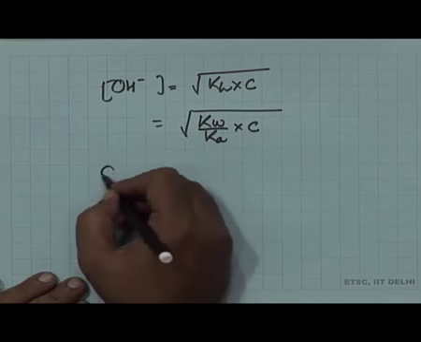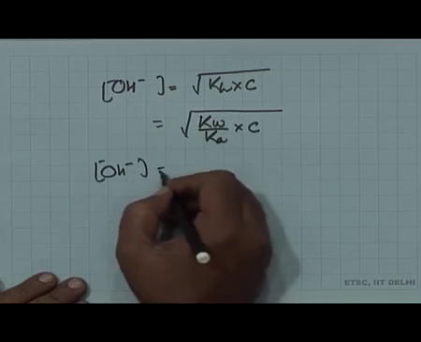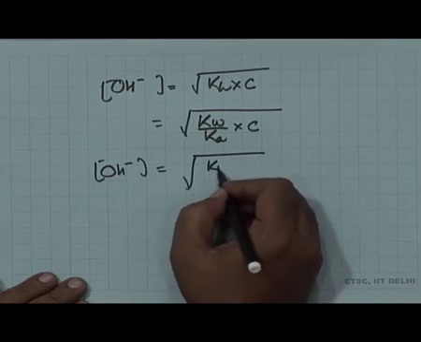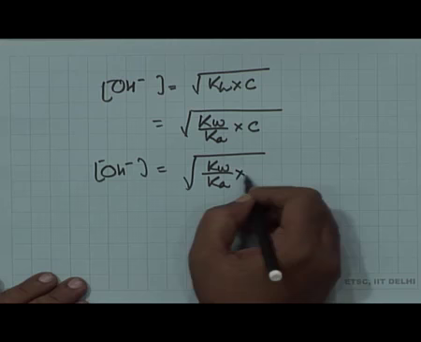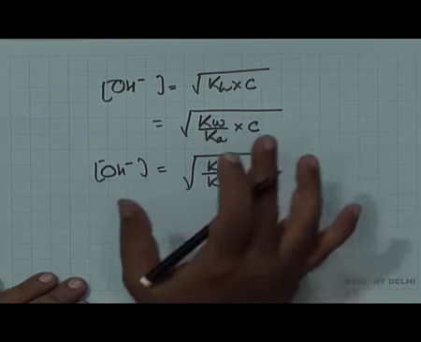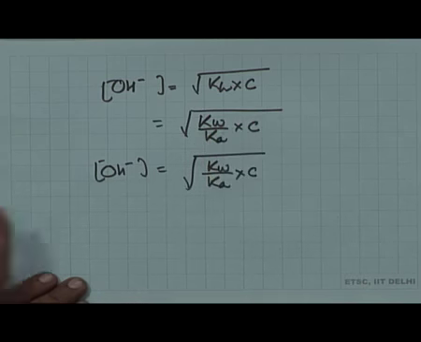So, this equation, OH minus ion concentration equal to the square root of Kw by Ka into C, can be used to calculate the pH of the solution.